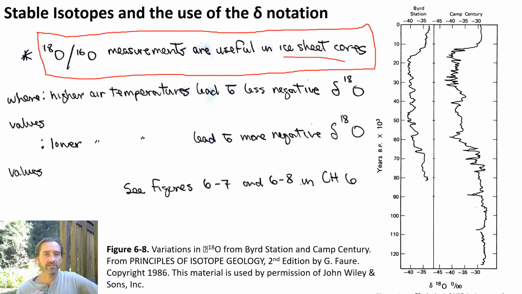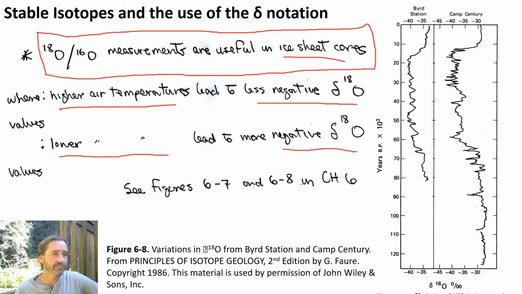So once we've actually dated the ice core, we then can see that higher temperatures lead to a less negative delta 18, or lower temperatures leading to a more negative delta 18 for oxygen. And so delta, again, whether it's more or less negative, it's all relative, but it does have meaning given that everybody's using the same standard.